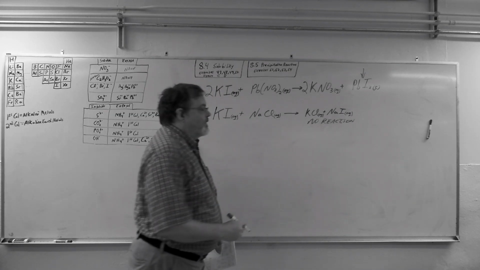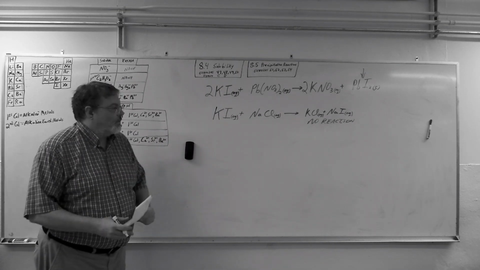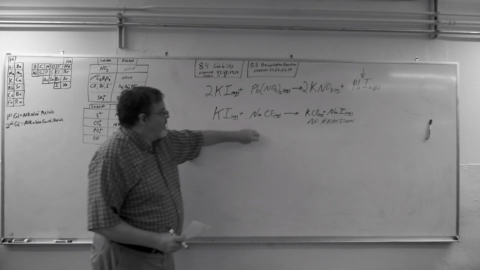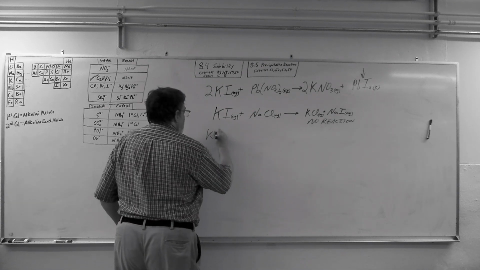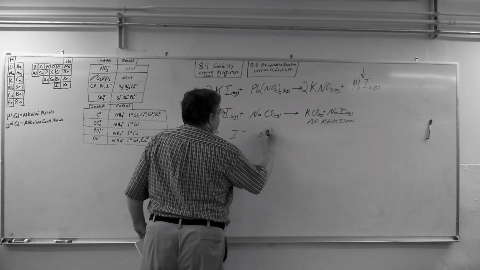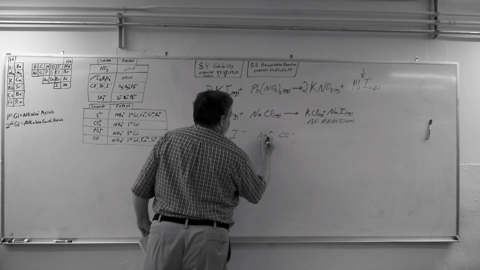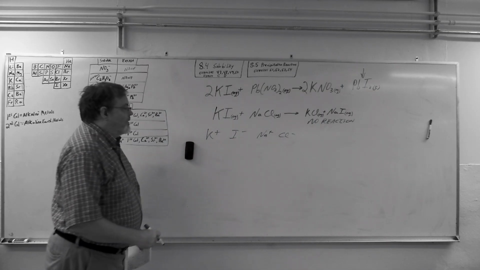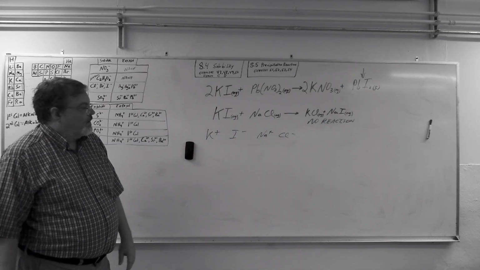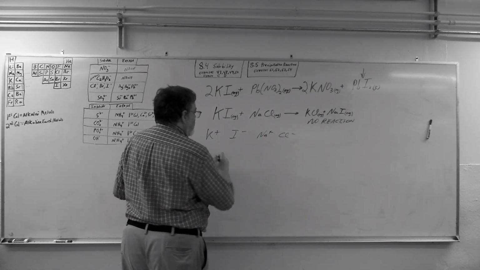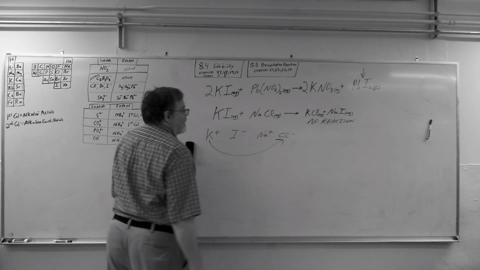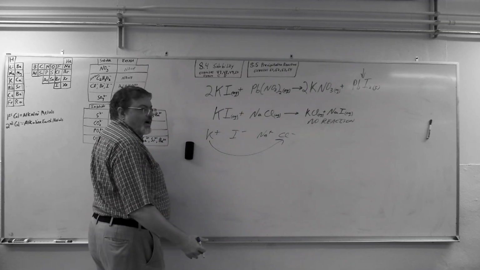What you would say here is a reaction is when bonds break and then new bonds form. Here, bonds broke, we got K plus, I negative, Na plus, and Cl negative down in that water. But no new bonds form because the natural state of KCl is ions in water.